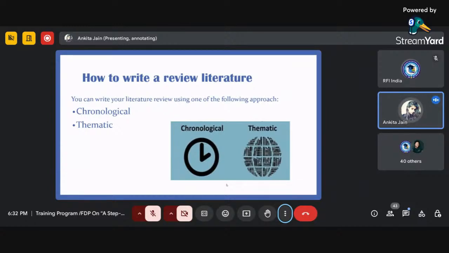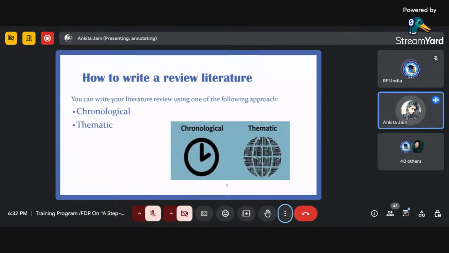You can write data from 2024, then 2023, 22, 21 backward. Sometimes people write from previous years like 1991, 92, 93. But basically, you have to arrange it chronologically. It can be ascending or descending, but descending, newest to oldest, is what you should always try to write.